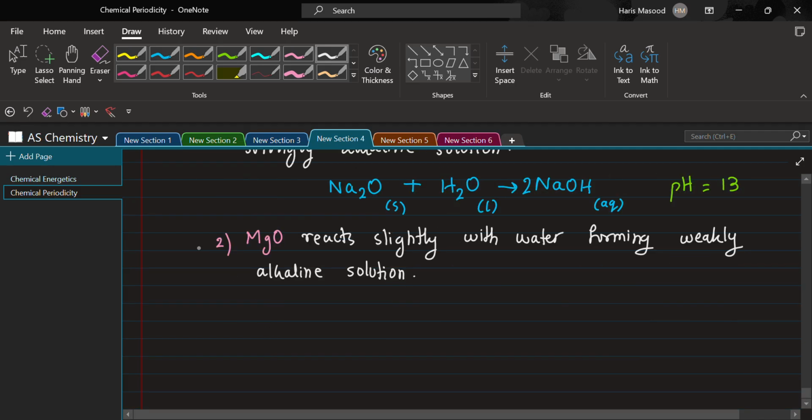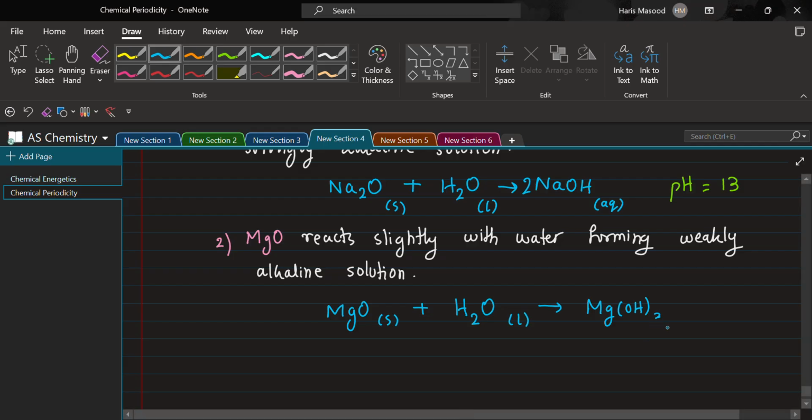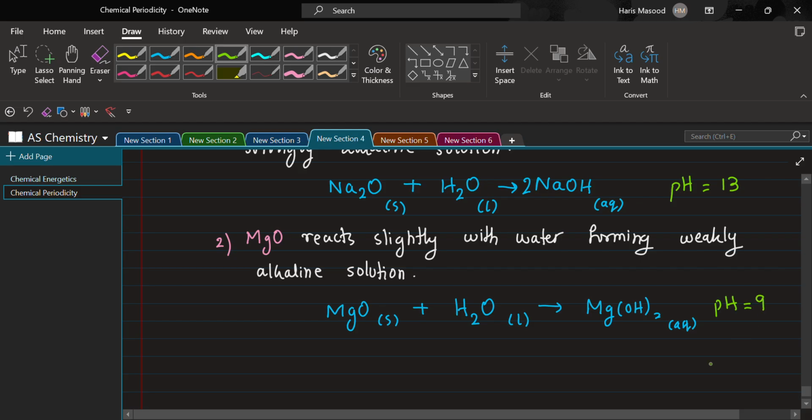I don't think there's any need of balancing. So the pH will not be that much alkaline, it will be 9.